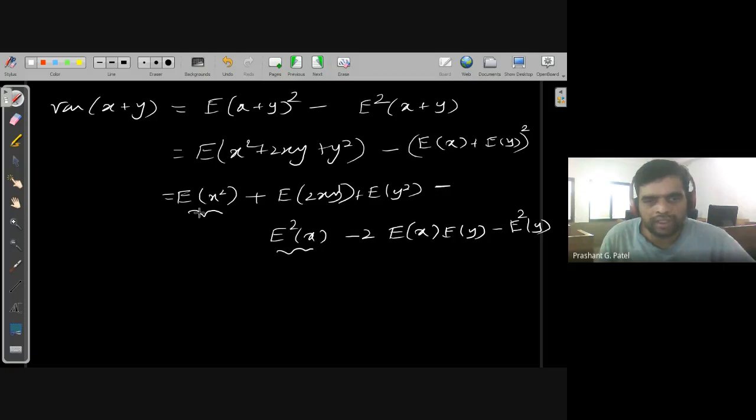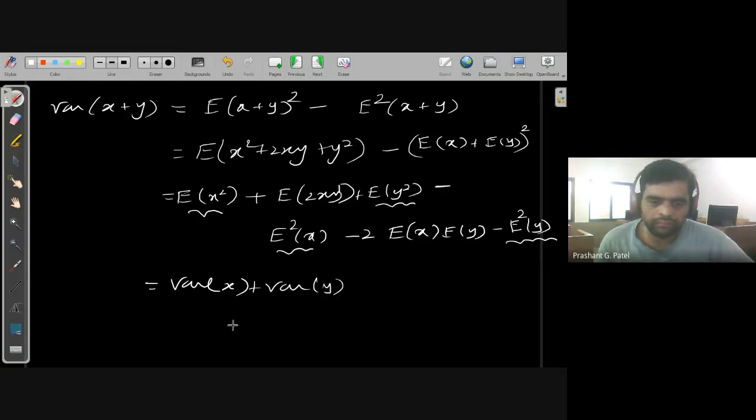If you combine E of X square minus E square X, that will give me variance of X. These two quantities will give me variance of Y. Now what is 2 times E of XY?